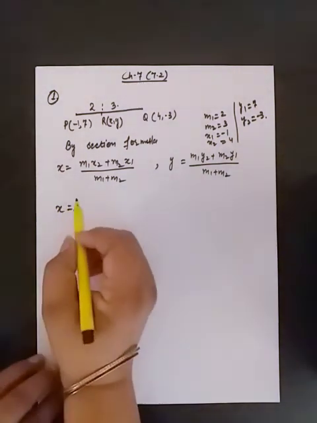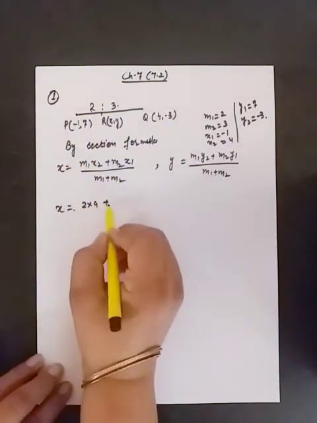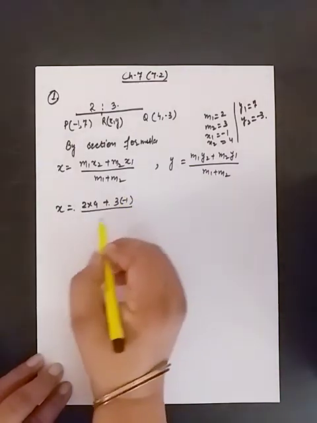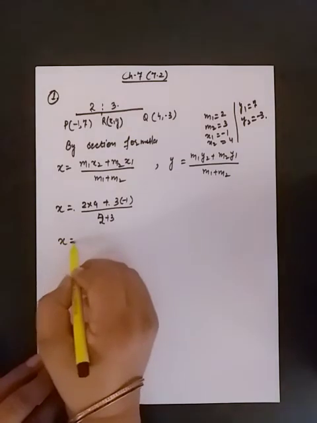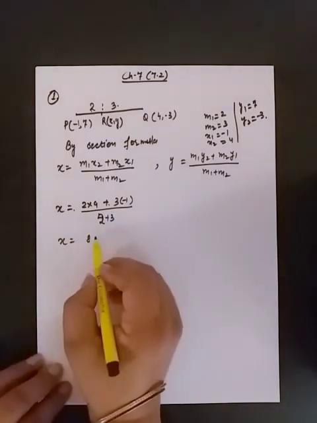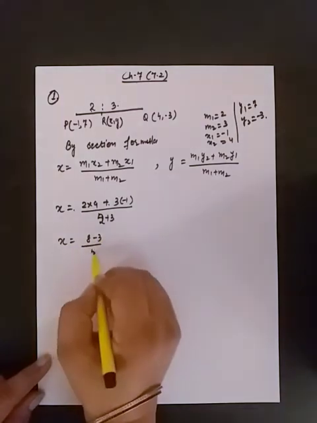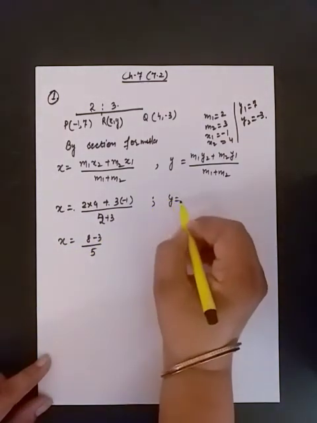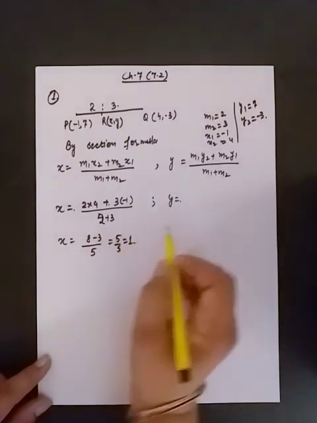So we can use these values. x is equal to (m1 x2) 2 multiplied by 4 plus (m2 x1) 3 into -1, by 2 plus 3. We get x is equal to (8 minus 3) by 5, and it will be 5 by 5, which is equal to 1.